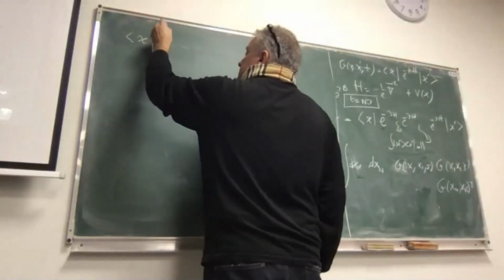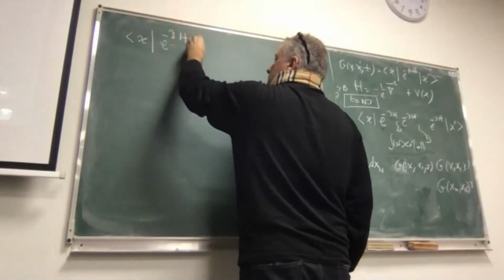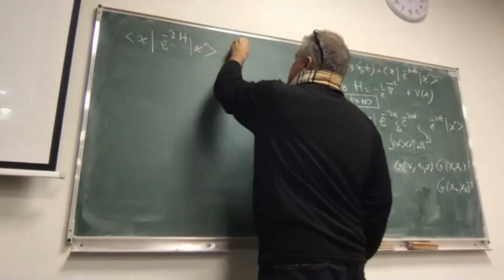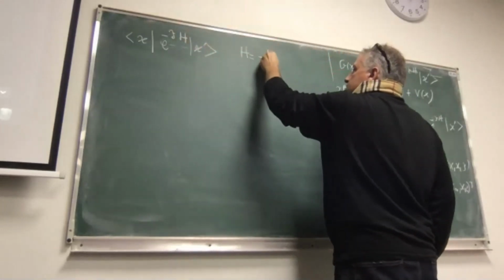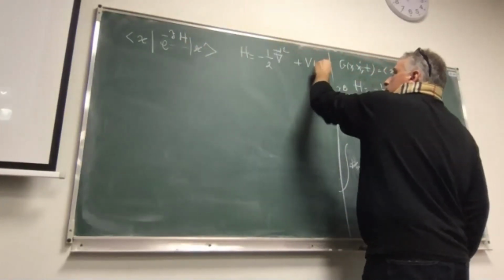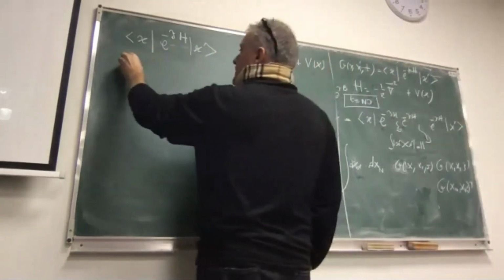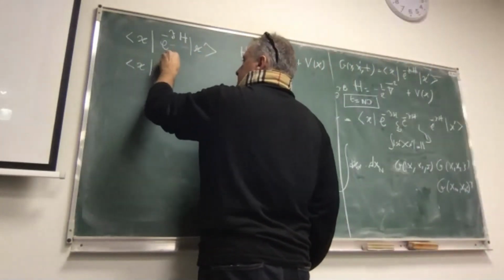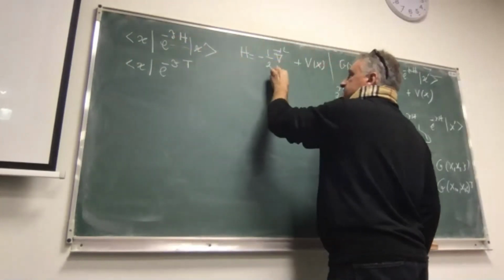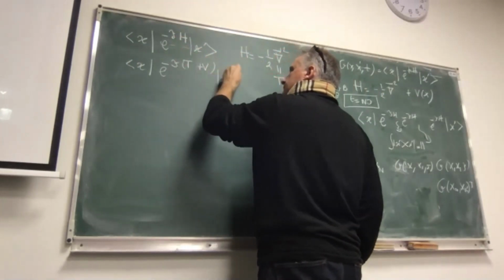x, exponential minus tau, but now tau is small. H is, as said, the gradient squared plus v of x. Multiplicative operator, a differential operator. So you can write this as exponential minus tau, the kinetic term T plus V. Right.